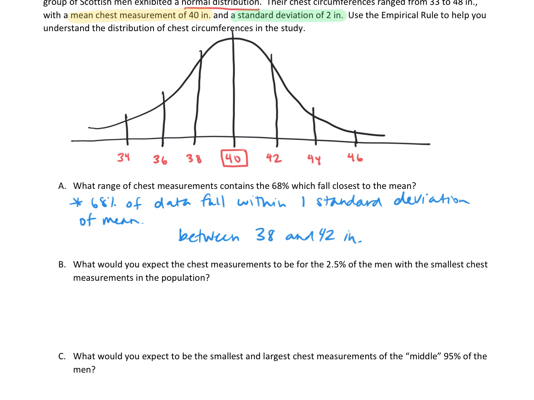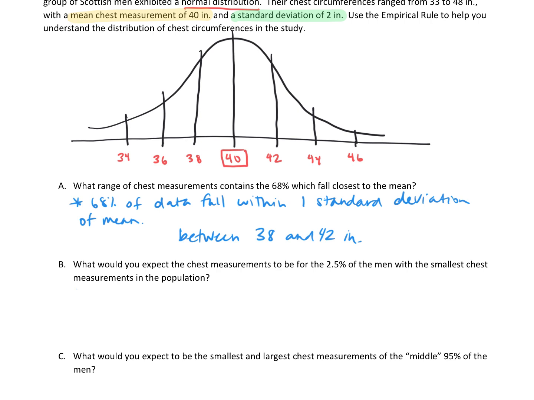All right, part B, what would you expect the chest measurements to be for the 2.5% of the men with the smallest chest measurements in the population? All right, so some things we can think about here. 2.5%, what do we know? We know 68% of the data are 1 standard deviation away. We know 95% of the data are 2 standard deviations away.